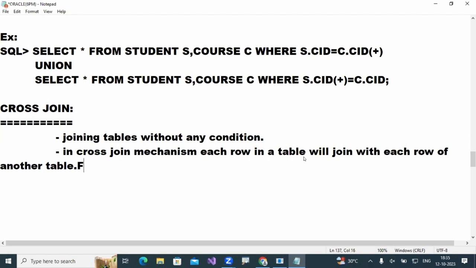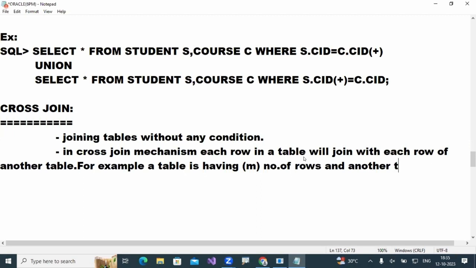Okay. For example, a table is having m number of rows and another table is having n number of rows, then m cross n.